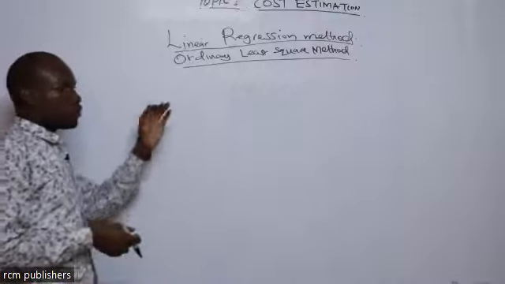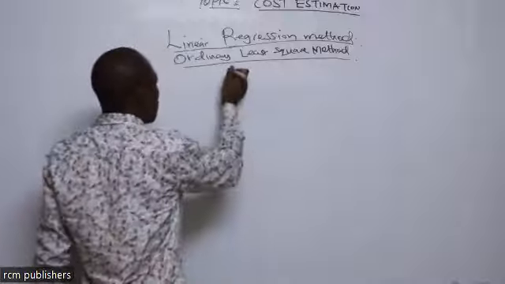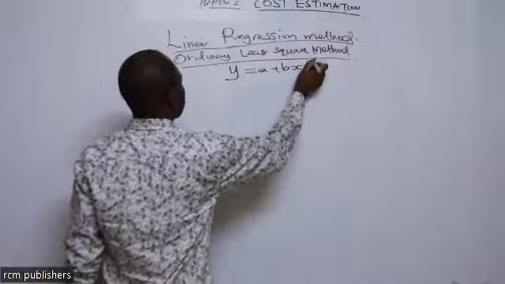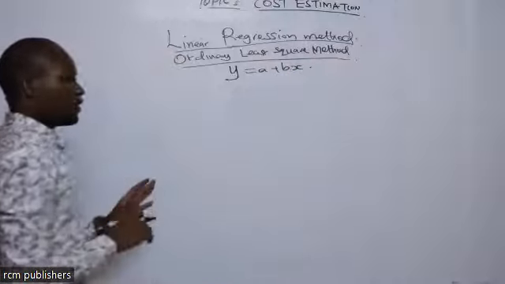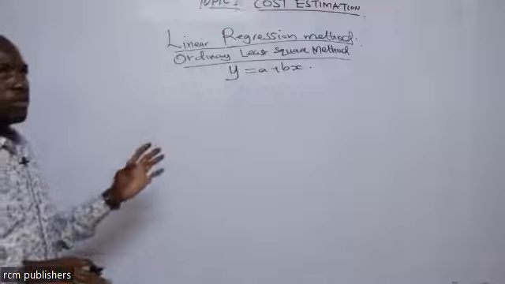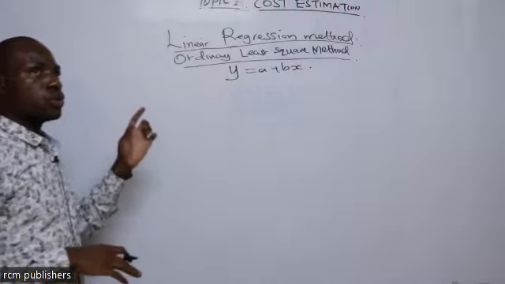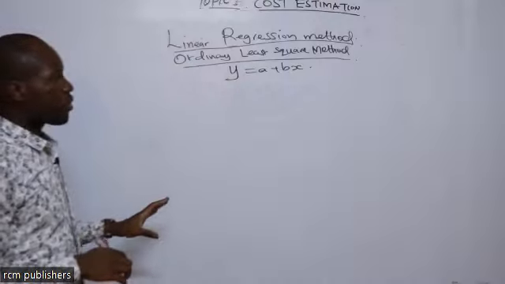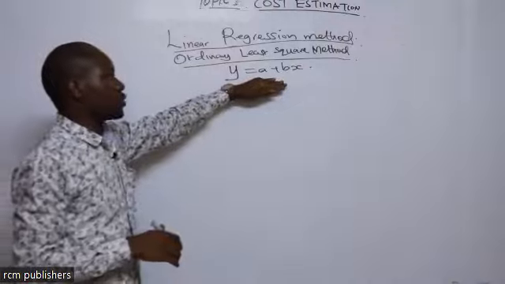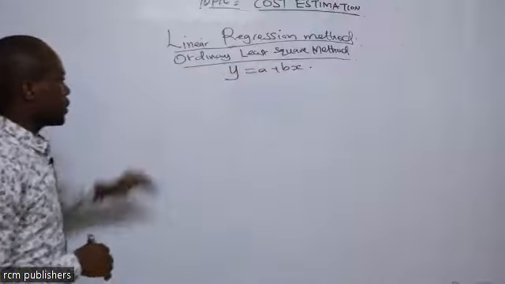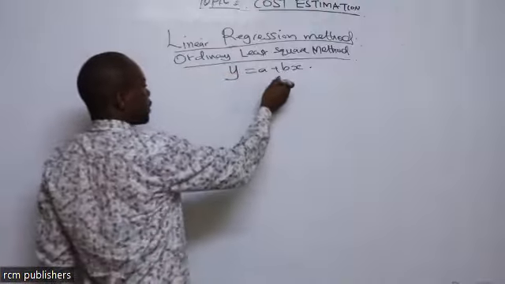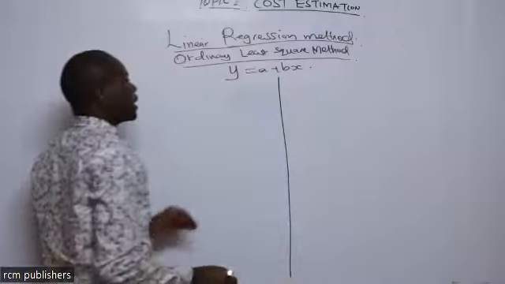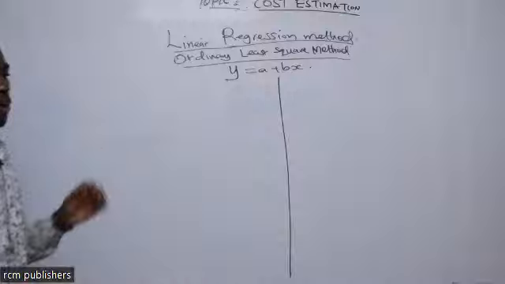The final output of this particular method remains to be Y equal to A plus BX. That is the final output of this method. Once we've known the final output, what is the second step? This particular method is to be calculated on a very simple ground.